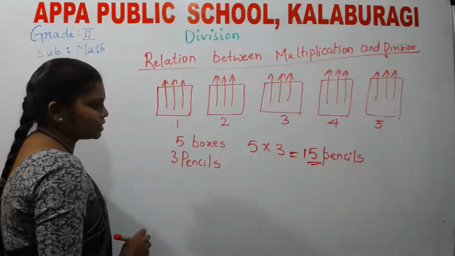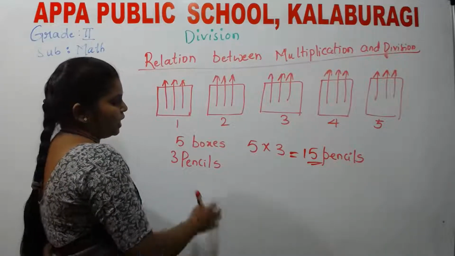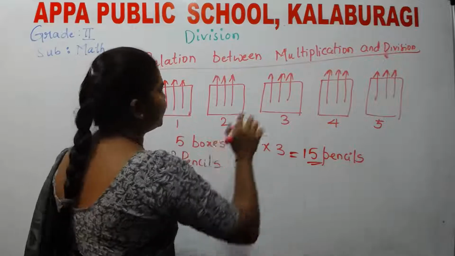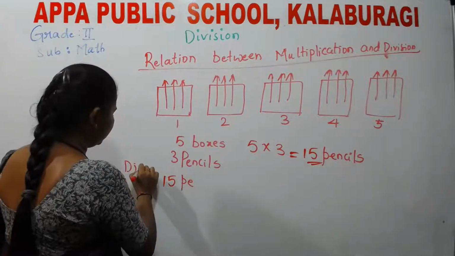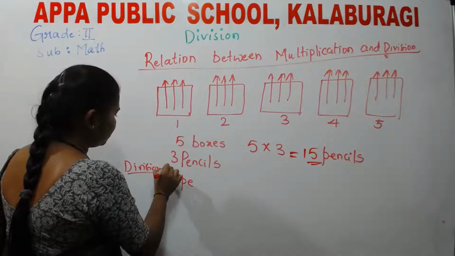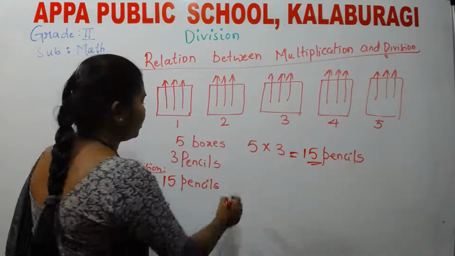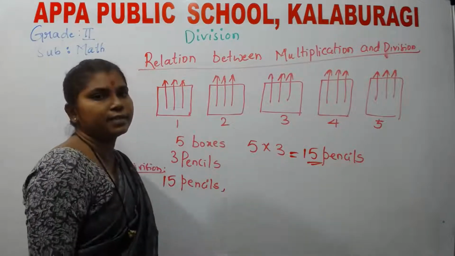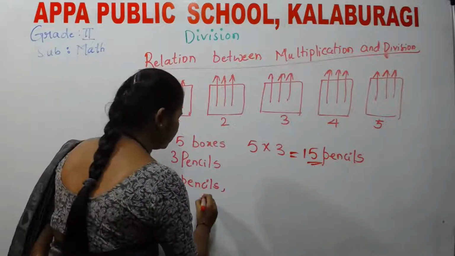Now let us consider division. There are 15 pencils, where the 15 pencils are placed in 5 boxes.